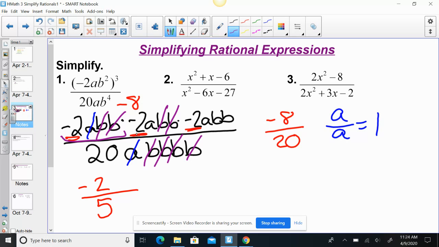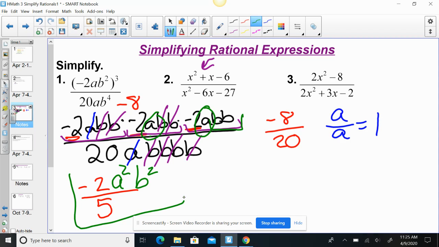Notice that these are joined by multiplication, so I don't have to worry about the addition that I'll see in number 2. Now I just need to figure out what's left. I have this a left and this a, so a times a gives me a squared. I have 2 b's here, so that's b squared, and then nothing left on my bottom. So the answer for this one would be negative 2a squared b squared all over 5.